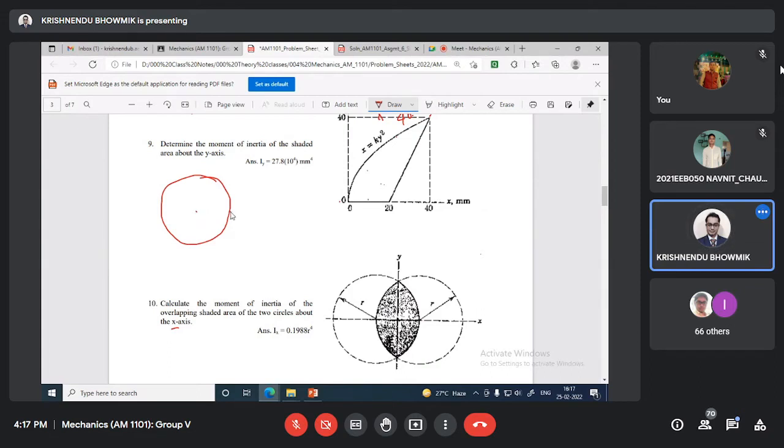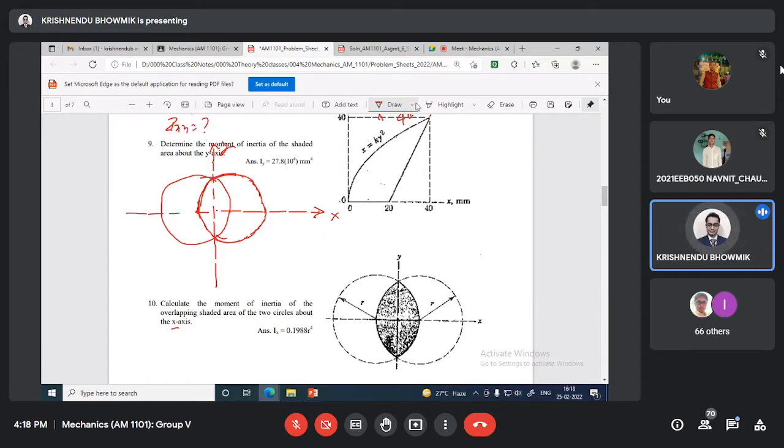This is the center, this is the center. You can draw using your geometry box for this type of problem. I am drawing roughly here. Our interest is the intersection area. This is x and this is y. Ixx we have to calculate.